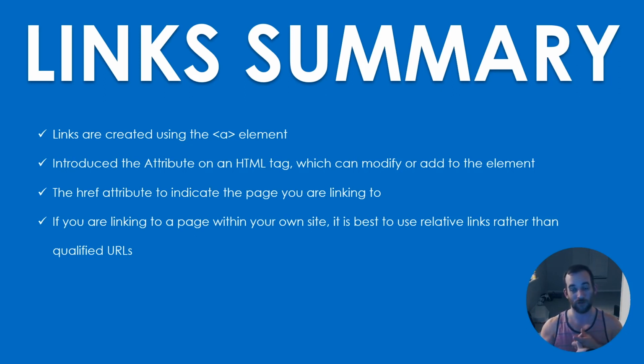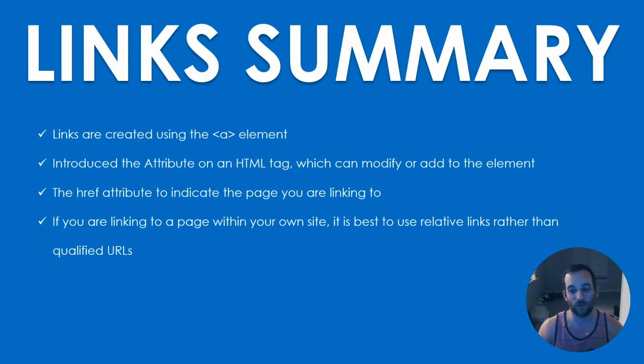Okay, so first off, links are created using the A element. So you'll code A opening tags and closing tags. We introduced an attribute for the first time, which is used on an HTML tag, which either modifies or adds to the element. There are other tags that we'll use soon that you'll see that do different things. And the href attribute in an A tag is what indicates the page you want to link to.